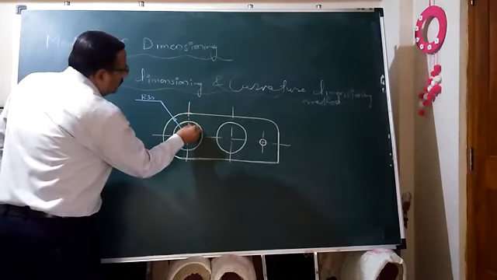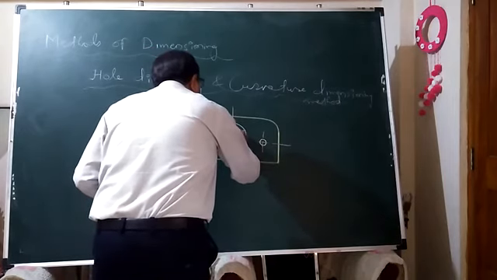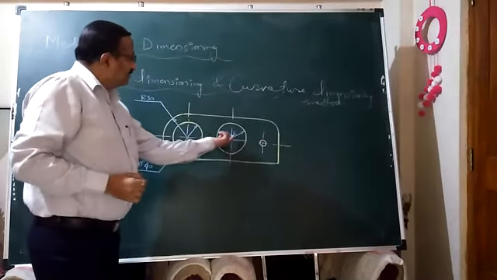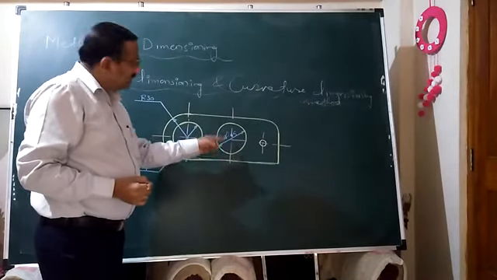In that case, you have to create such a leader line inside it. Okay, and you don't need to extend it. On the same leader line, you can write its dimension. Suppose this is phi 45. This hole is carrying 45 mm diameter.